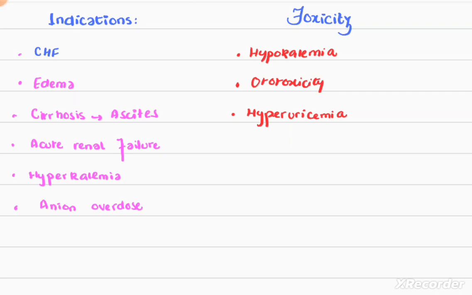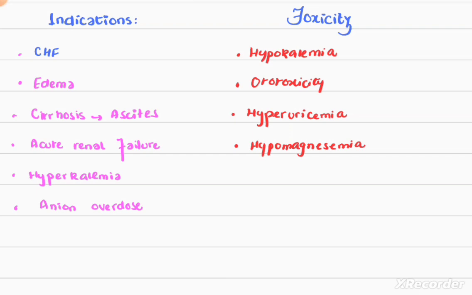The hypovolemia associated enhancement of uric acid reabsorption in the proximal tubule may be prevented by using low doses to avoid the rapid development of hypovolemia. So as it decreases the concentration of potassium, it also decreases the concentration of magnesium. So hypomagnesemia is also common with the use of loop diuretics and hypomagnesemia itself is associated with the development of hypokalemia.